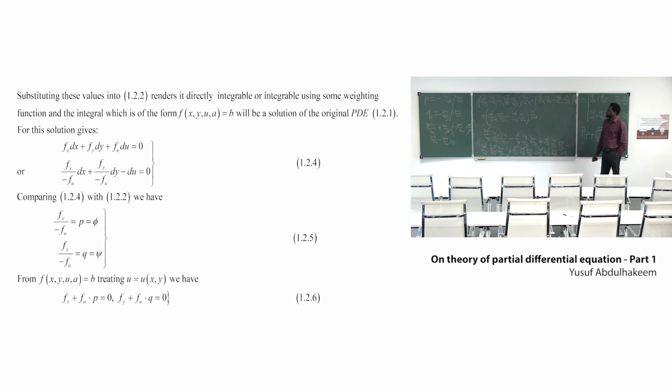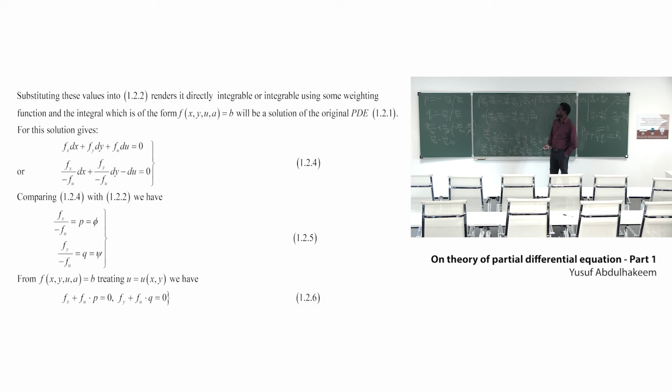Substituting these values into 1.2.2 renders it directly integrable using some weighing function, and the integral, which is of this form that we have here, will be a solution of the original PDE. So the solution gives what we have here in 1.2.4, these two here.